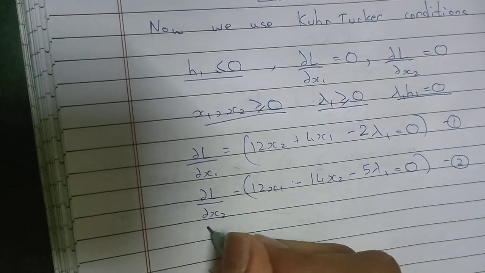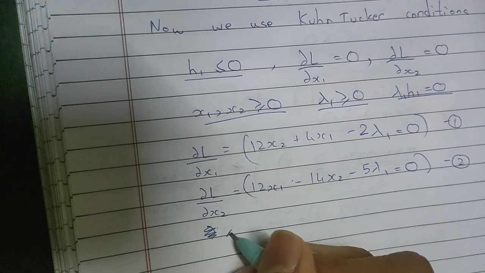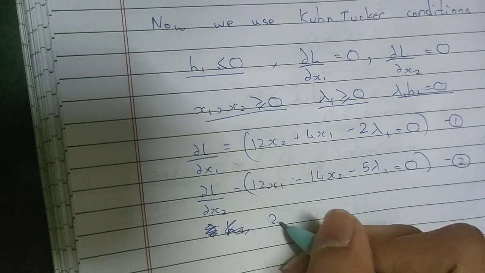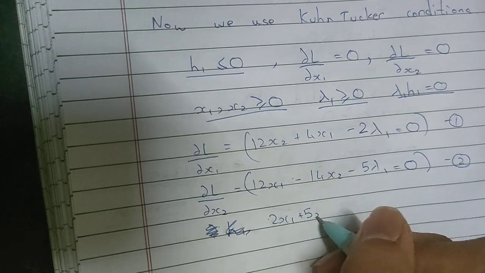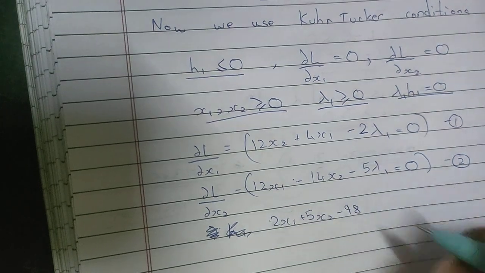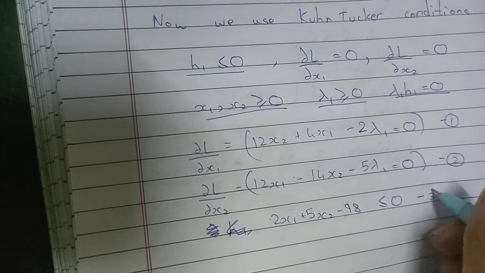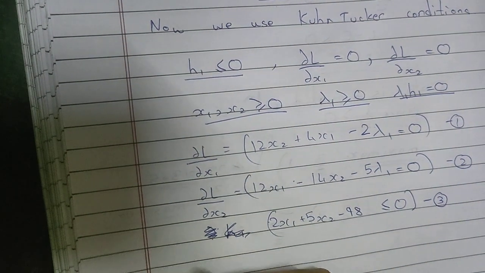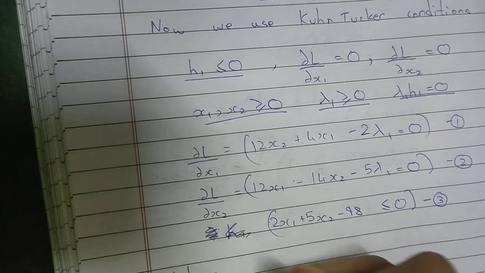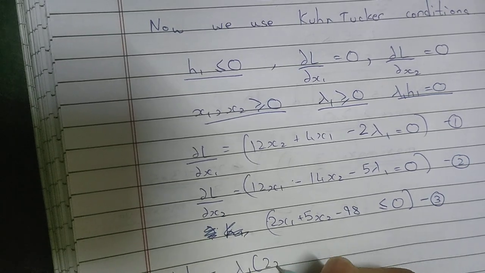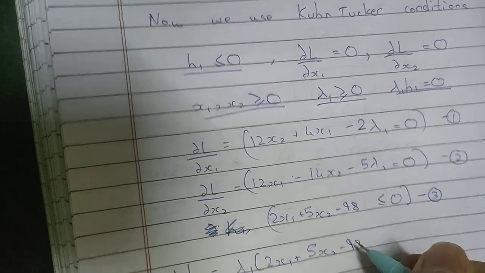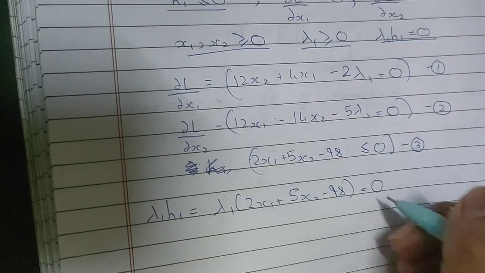Then we have h1, that is basically 2x1 plus 5x2 minus 98 should be less than equal to 0, which is our condition 3. Now we can finally move on to lambda 1 h1, which is lambda 1 into 2x1 plus 5x2 minus 98 equal to 0.